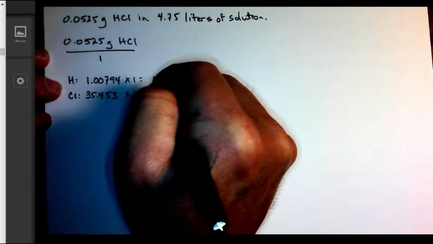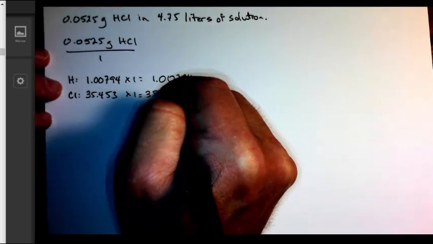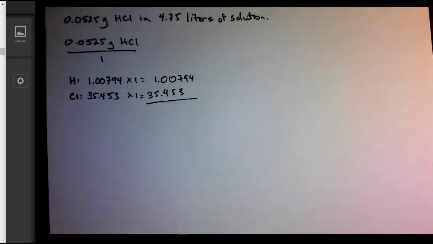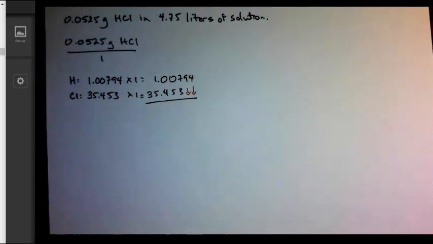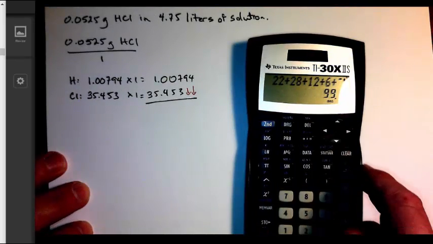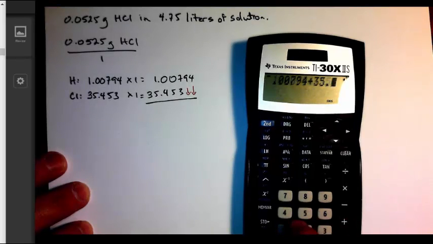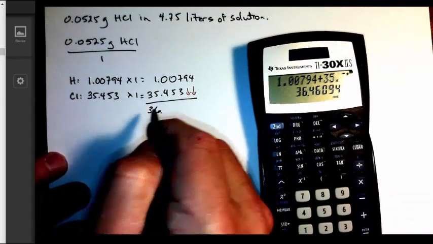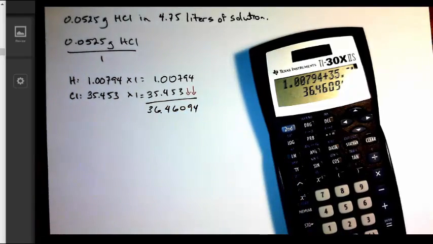So 1.00794 and 35.453. And that gives us 36.46094. The last two digits are resulting from empty slots.